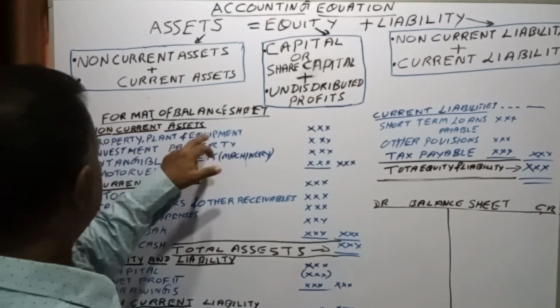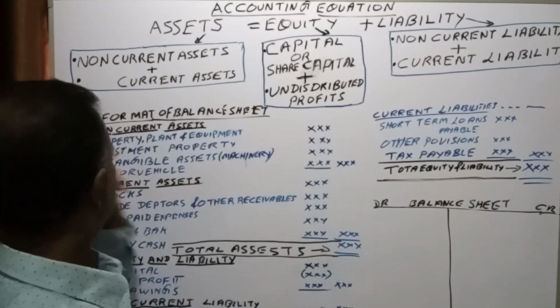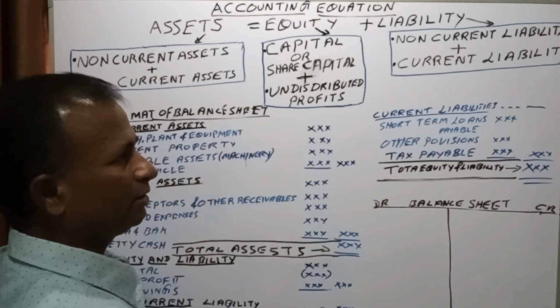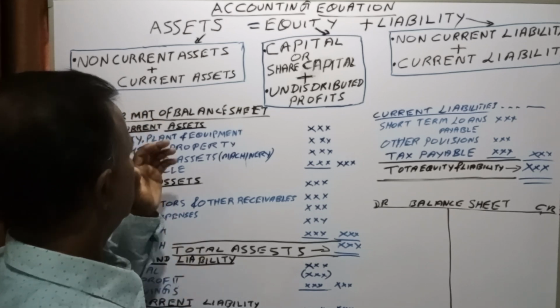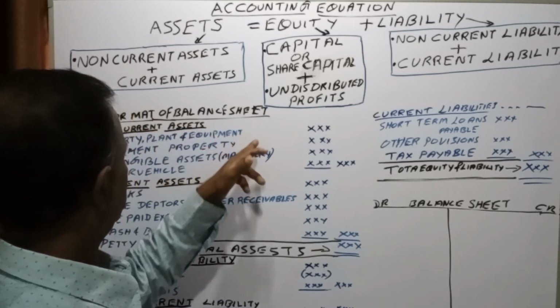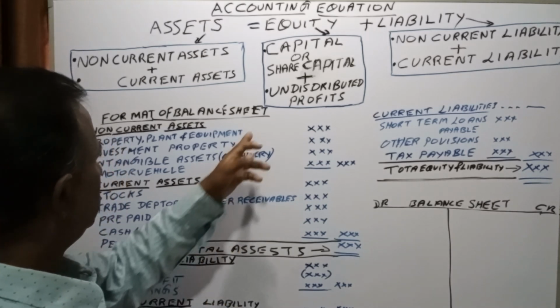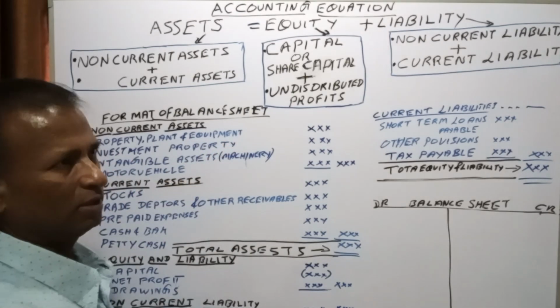In the non-current assets, we can see property, plant and equipment. Property means land, building, machinery and equipment, furniture and fittings, and so on. All are consolidated here in one heading: property, plant and equipment.